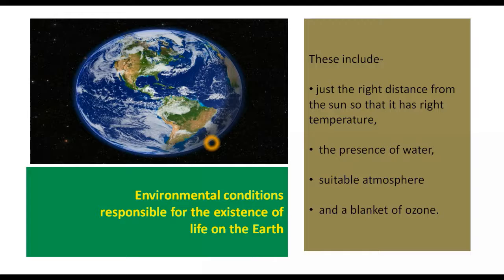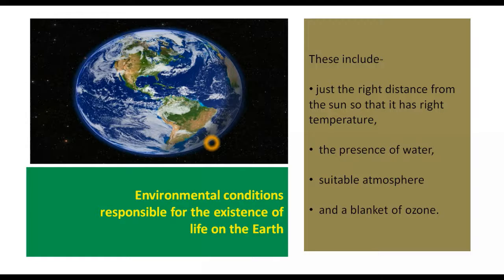Earth has a suitable temperature range for the existence of life. That means it is neither too hot nor too cold. Another important thing is that Earth has an atmosphere. See, our atmosphere contains many gases, including our important gases, oxygen and carbon dioxide.